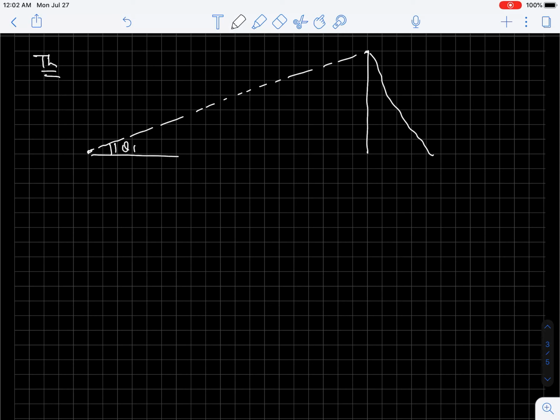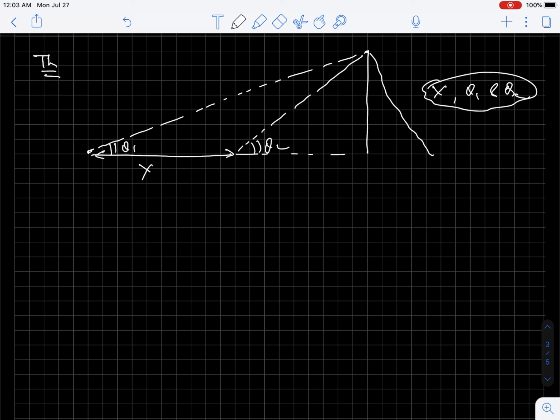You shift by some distance. Let's say you shift by some distance x, and now your angle of elevation is theta 2. Now by giving values of x, theta 1 and theta 2, you have to find the height of the building. Basically this was the basic practical problem of Al-Biruni.